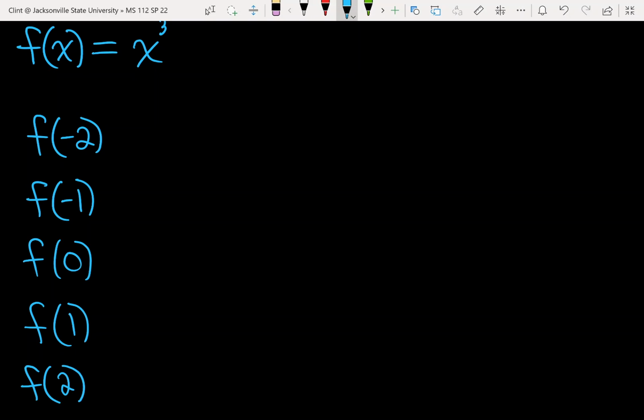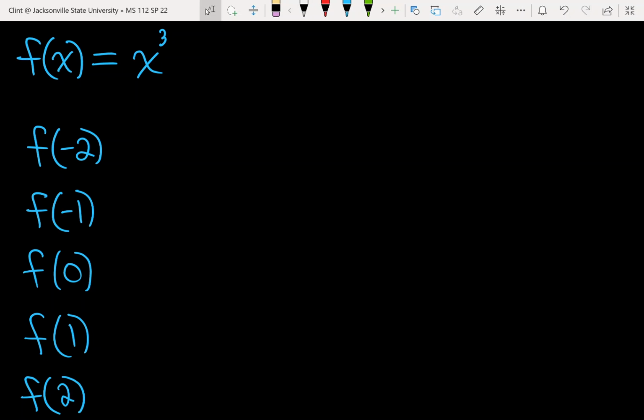Let's see, so -2, if we do -2 to the third power, that means -2 times -2 times -2. So -2 times -2 would be +4, times -2 would give us -8.